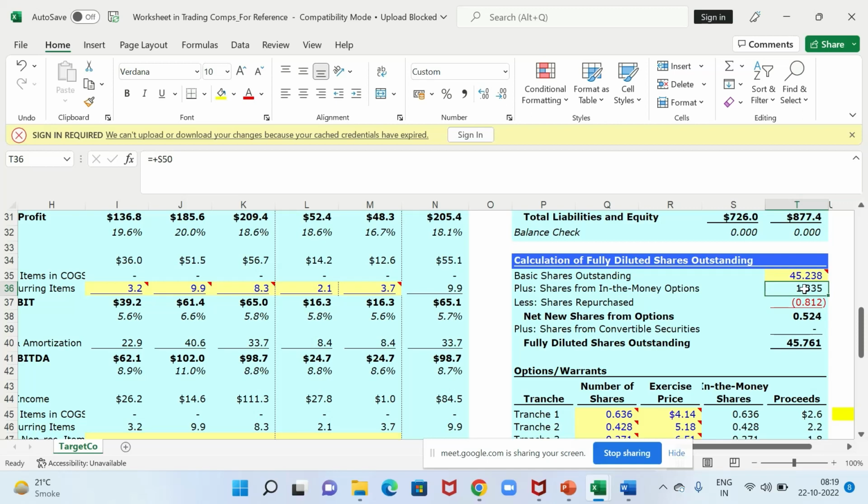That means they are in the money. Suppose 8.5 is the current price on this comps template. All the securities which have a price less than 8.5 are in the money.